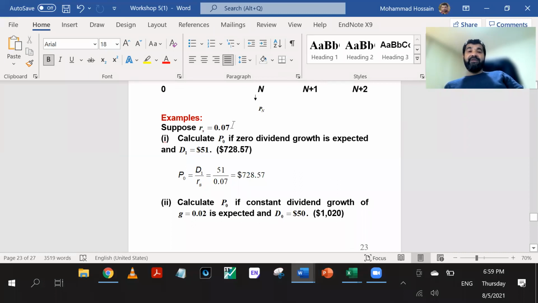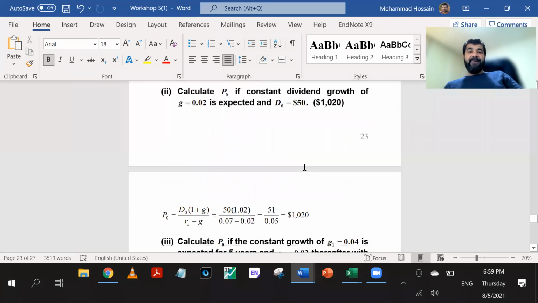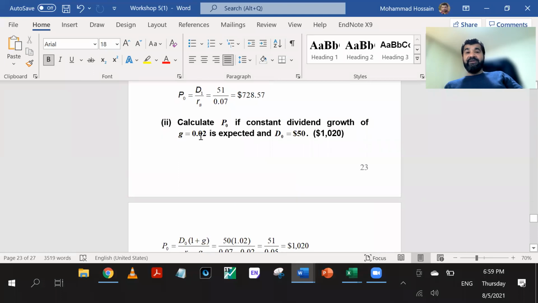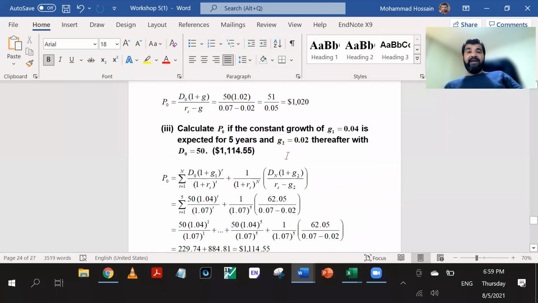Suppose R equals 0.07. Calculate P0. Okay, this is 0 dividend growth, an example they're giving here. So let's say 0 dividend growth. And this one is constant dividend growth. Another example. And this one is variable dividend growth. One is 0, one is 4%, another one is 2%.